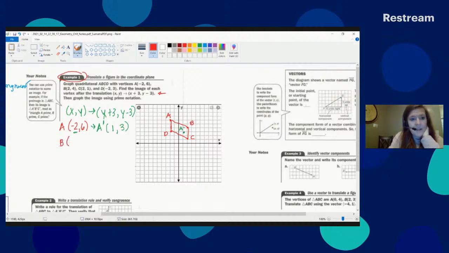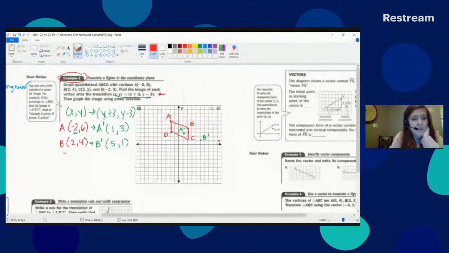So B is at 2, 4. If I translate it using my translation, B prime, that's what this little hash mark means, prime, is at x plus 3, so 2 plus 3, which is 5, and 4 minus 3, which is 1. So it's at 5, 1. Then we'll keep going.